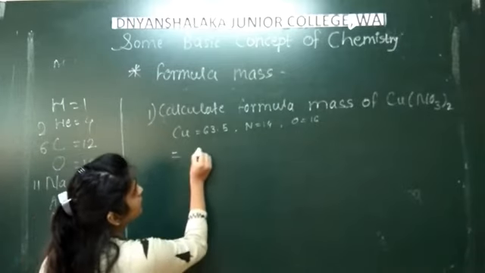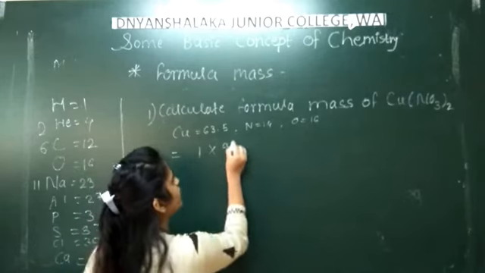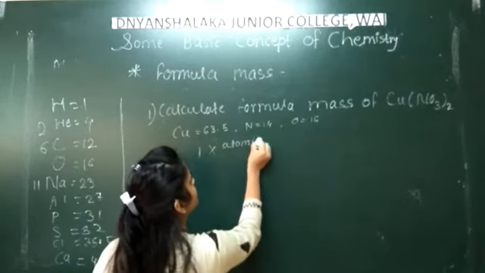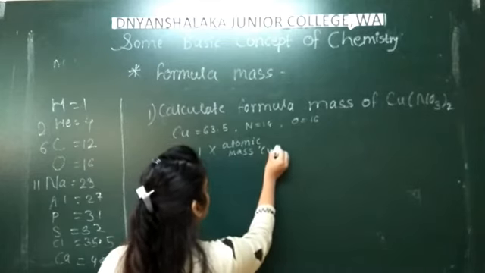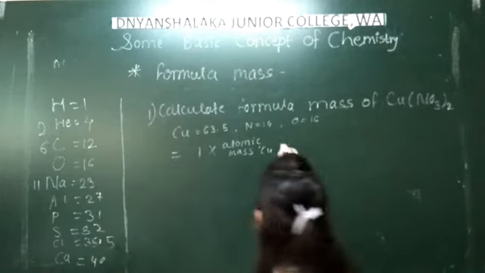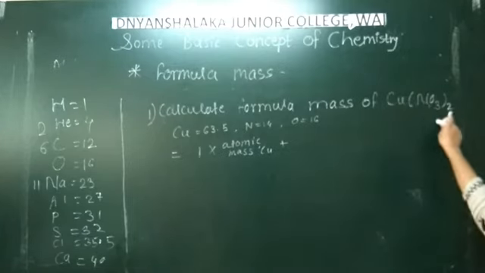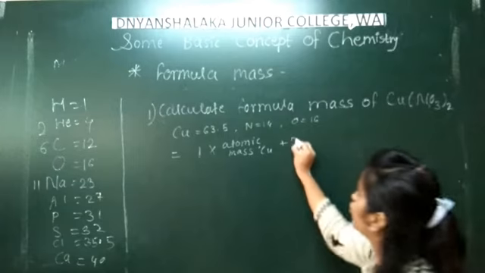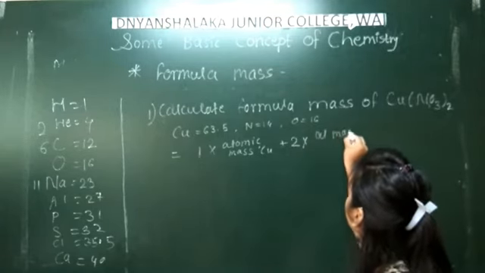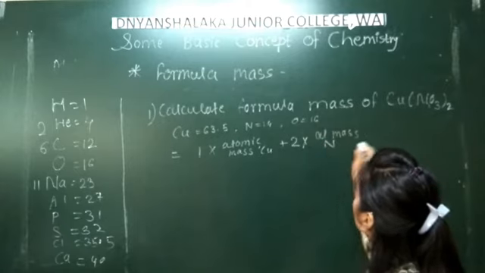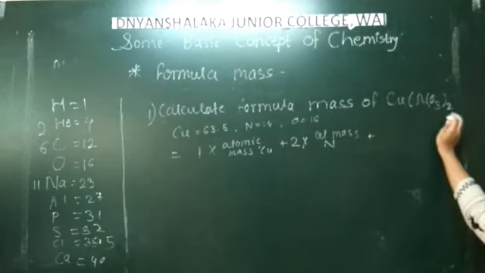First copper, 1 mole of copper into atomic mass of copper, plus nitrogen, 1 atom and in bracket 2. So 2 ones are 2 moles of nitrogen into atomic mass of nitrogen, plus O3 inside the bracket but outside the bracket 2.